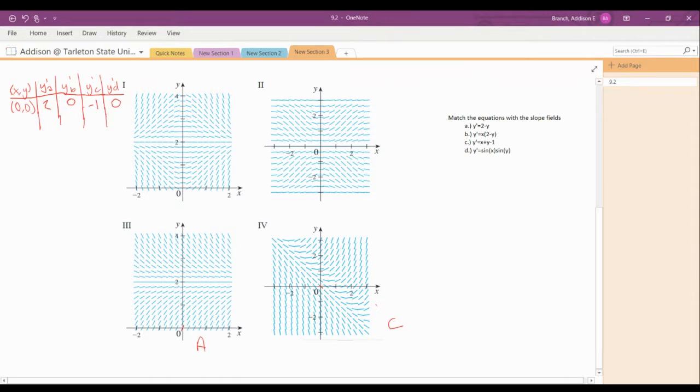So let's try moving over just a little bit. Let's try 0 and pi over 3.